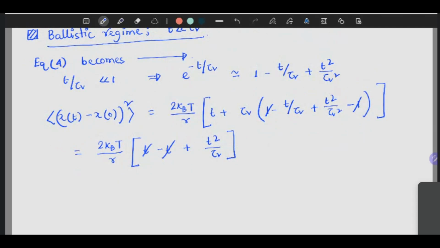Now you can easily see this becomes 2 kBT by gamma tau v into t square.